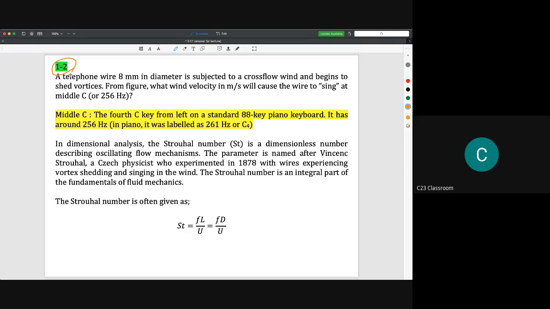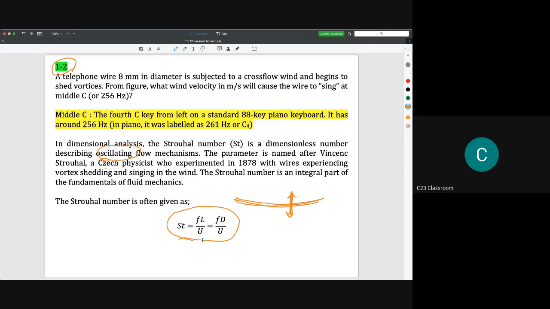For example, in open channel flow we are more concerned with the Froude number. And when you go into temperature a little bit, you have the Nusselt number and the Prandtl number. In this situation, when you have a wire here, and the wire starts to vibrate up and down at a certain frequency, the dimensionless number that suits this oscillating mechanism is the Strouhal number.